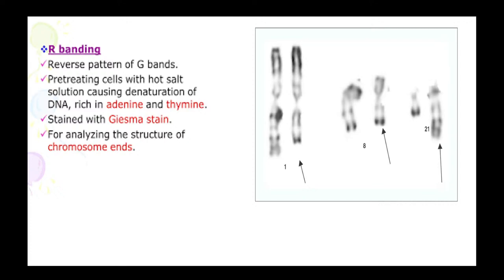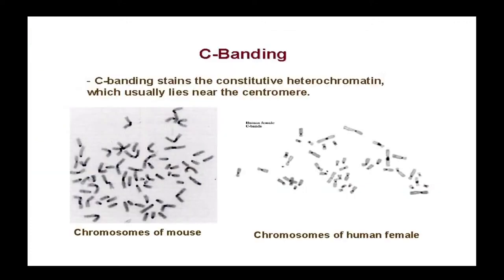This banding is used for analyzing the structure of chromosome ends. C banding stains the constitutive heterochromatin, which usually lies near the centromere.